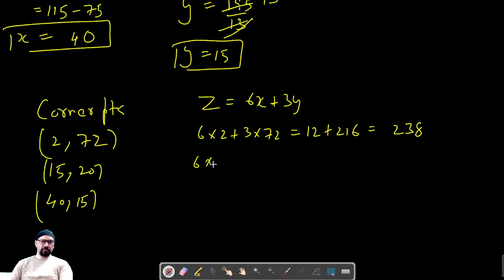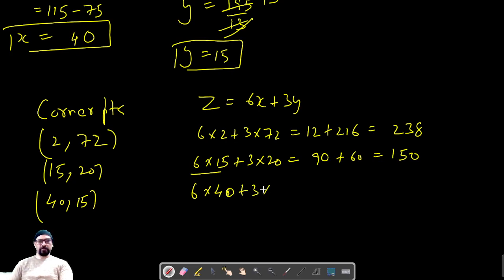Next is 6 into 15 plus 3 into 20, which is 90 plus 60, which is 150. Now this is 6 into 40, which is 240, plus 3 into 15, which is 45, and that gives 285.